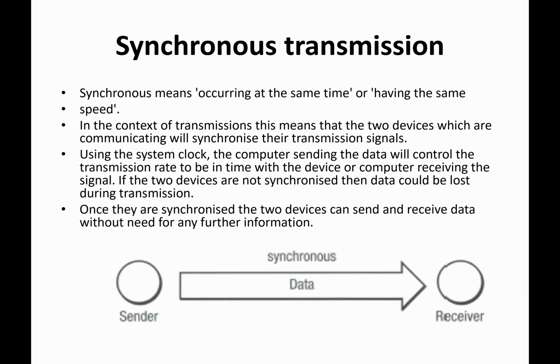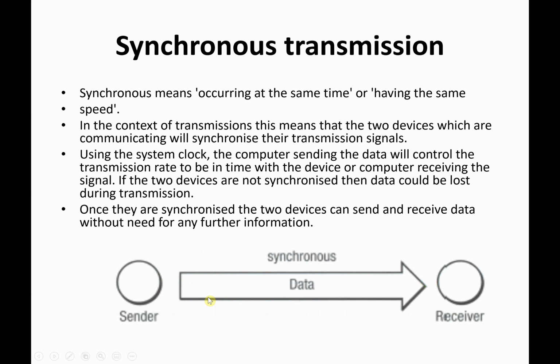Right, now synchronous transmission, this is another thing that would probably be easy to explain in class, but okay, we'll give it a go. Synchronous means occurring at the same time or having the same speed. When we are communicating with another device, we have to be synchronized with them.